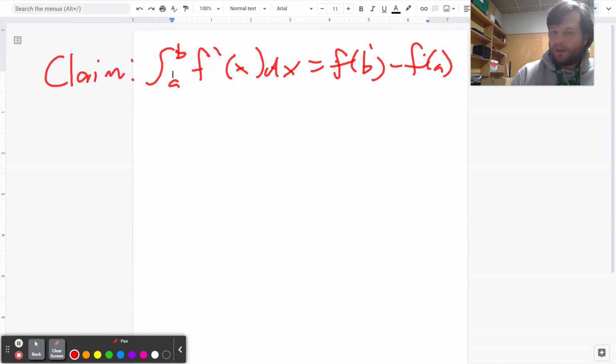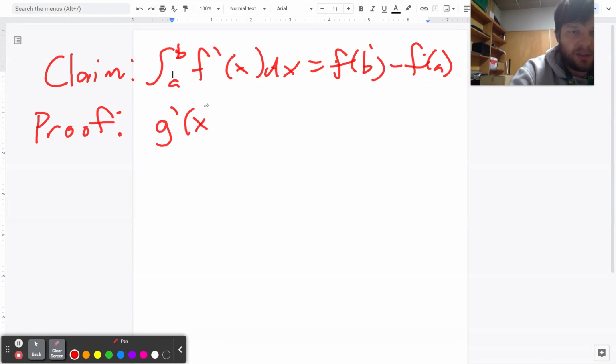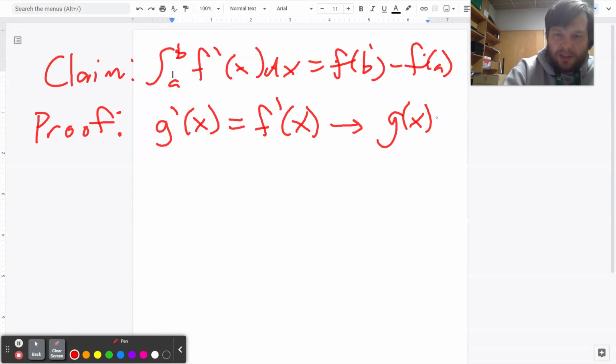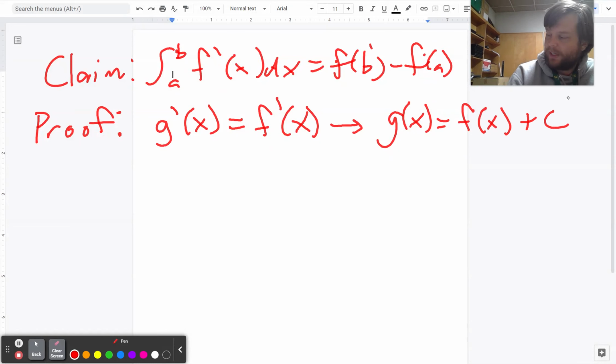What we are going to assume here is that there exists some function whose derivative is equal to f's derivative. And if two functions have the same derivative, then one function is equal to the other function plus a constant.